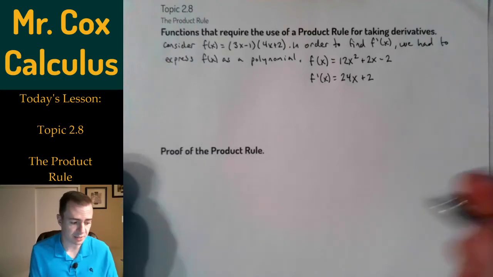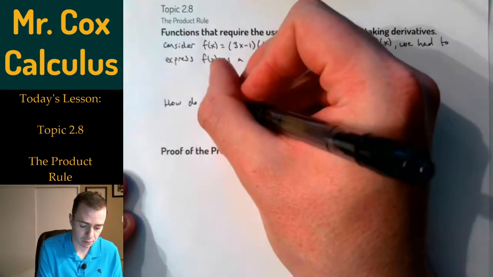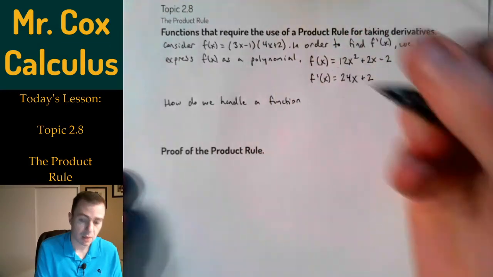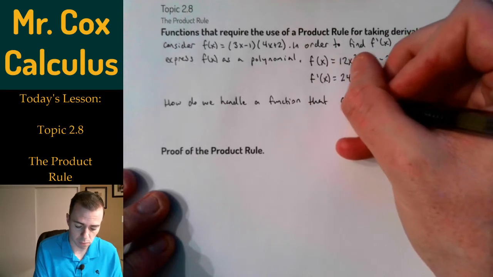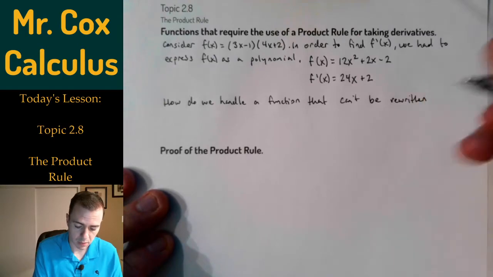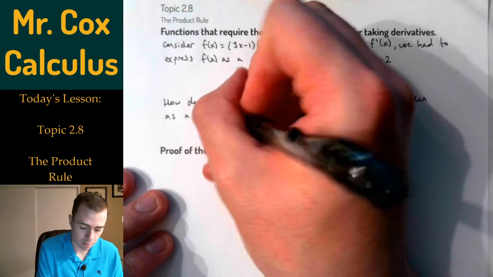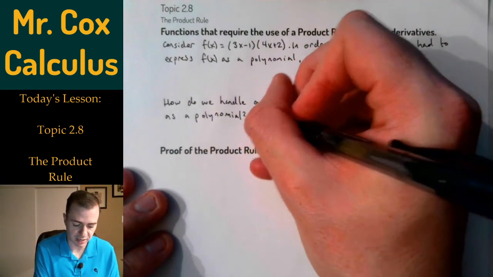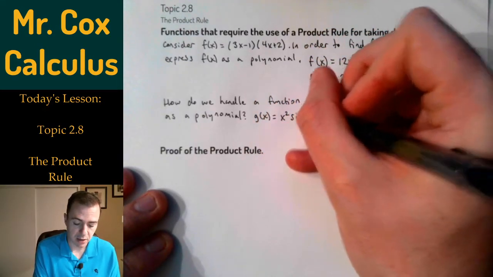There are going to be some functions, so then it becomes a question of how do we handle a function that's expressed as a product but can't be rewritten as a polynomial. So for example, let's give a function g of x equals x squared times the sine of x.